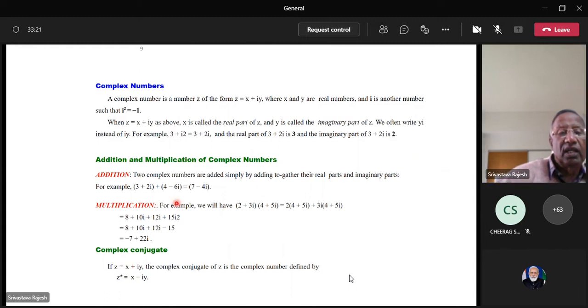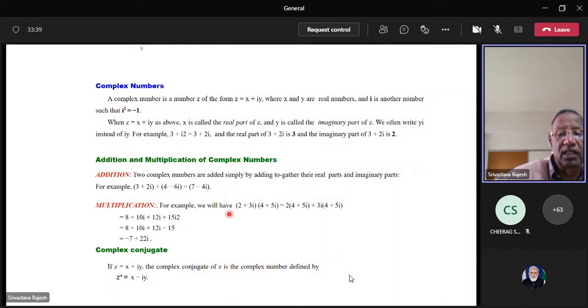So now let us do addition. If I do the addition, 3 plus 2i and 4 minus 6i, 3 plus 4 is added, the real parts added, and the imaginary parts added.